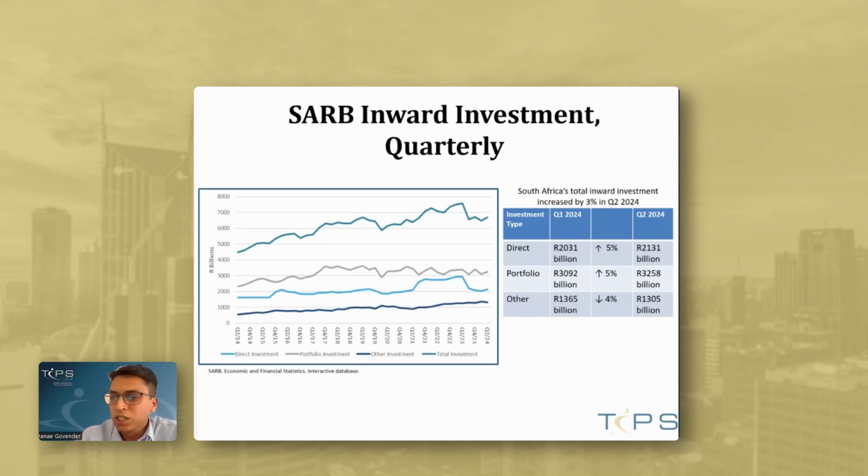And this means both measures increased by around 5% between quarters. Conversely, other investment decreased by 4% from 1,365 billion rand in quarter one to 1,305 billion in quarter two.